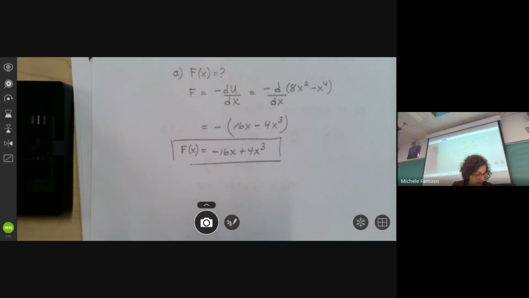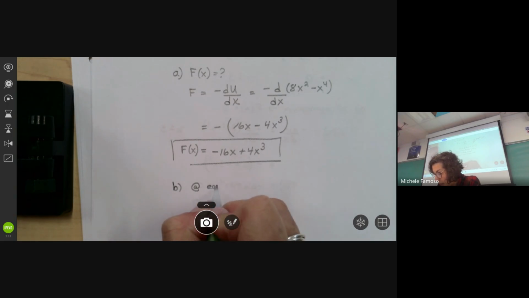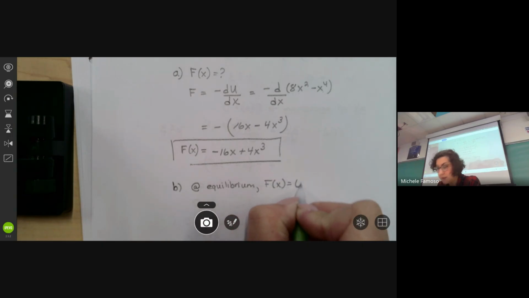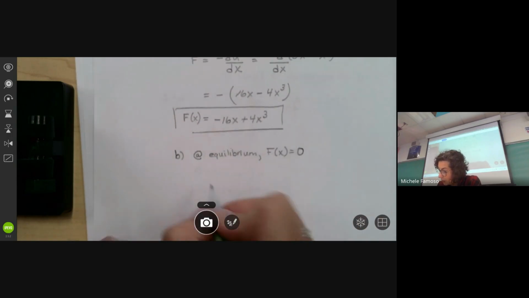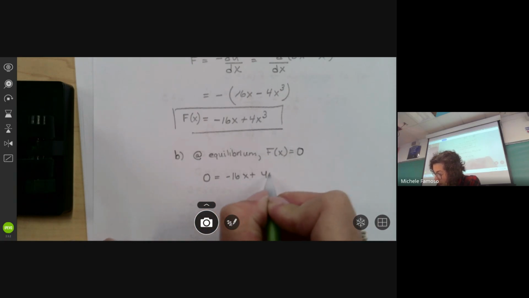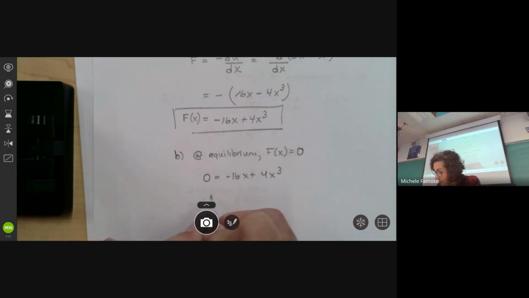Now in part B, it says, at what positions are we in equilibrium? Well, remember, when you are at equilibrium, that net force must equal 0. So let's figure out at what values of x this is equal to 0. I'm going to factor out an x.